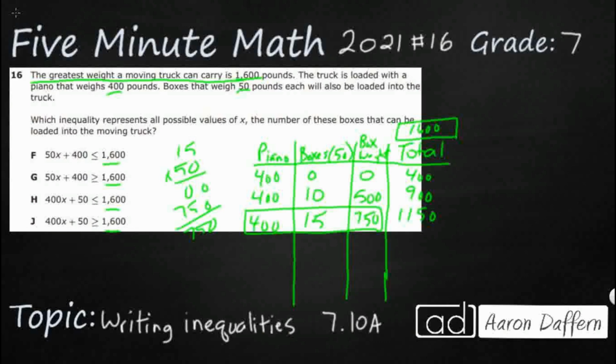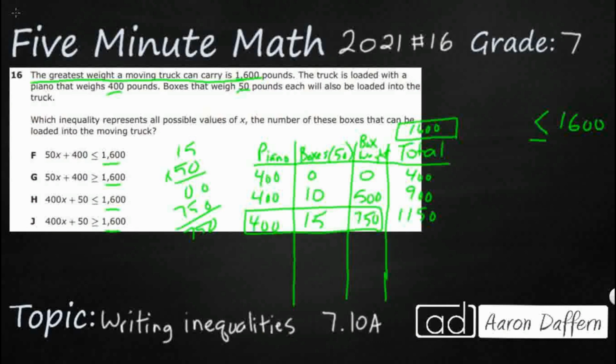So our inequality is going to have to be less than 1,600. And I guess technically it could actually be 1,600, because it says the greatest weight a moving truck can carry is 1,600. So it includes that. All right, so that would work. So we need to be less than or equal to 1,600.